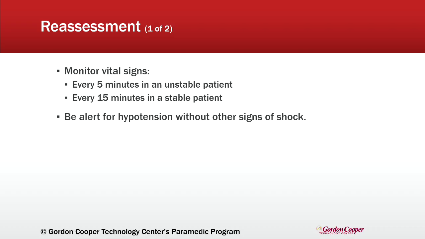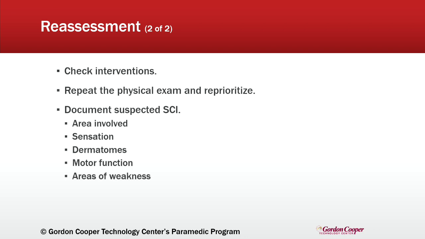For an unstable patient, you should monitor their vital signs every 5 minutes. For a stable patient, you can monitor them about every 15 minutes, but you always want to be on the lookout for hypotension. Even if there are no signs of shock present, you want to be keeping alert for that beginning to develop. You should check all of your interventions to make sure they're still being effective and working like they're intended.